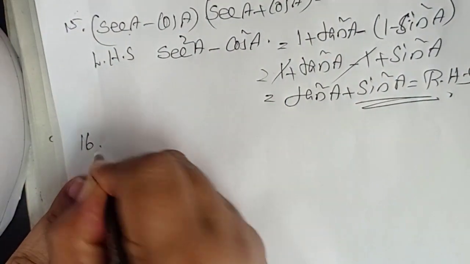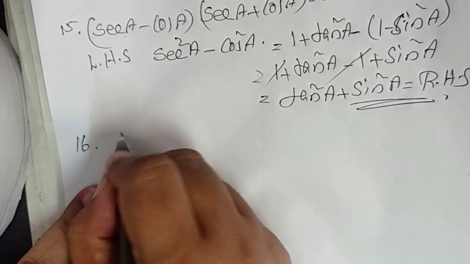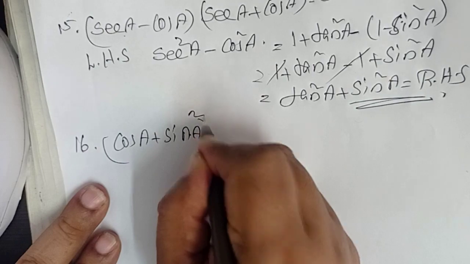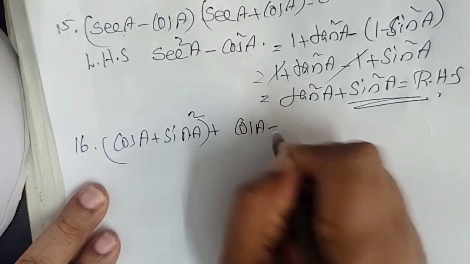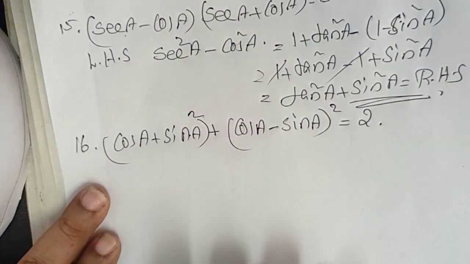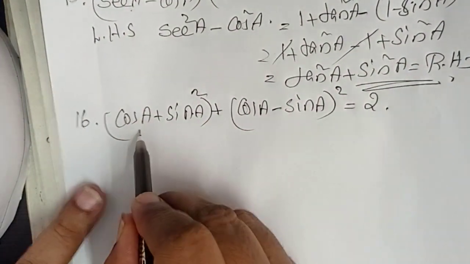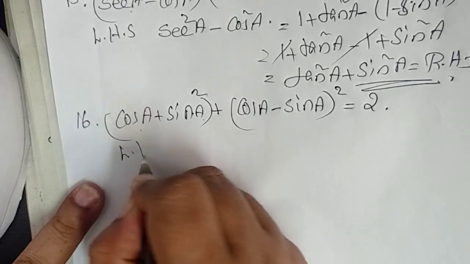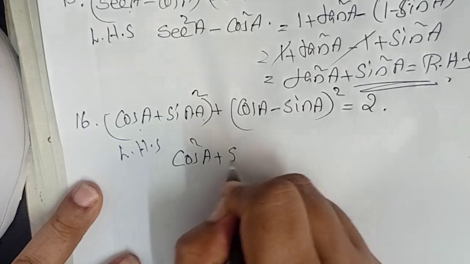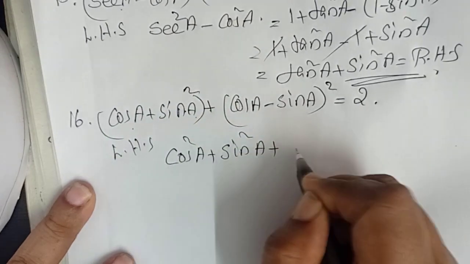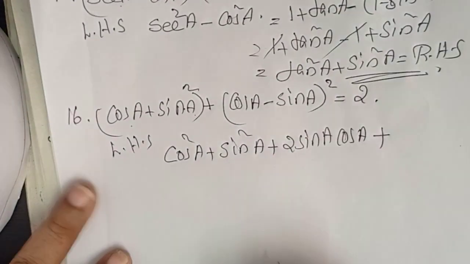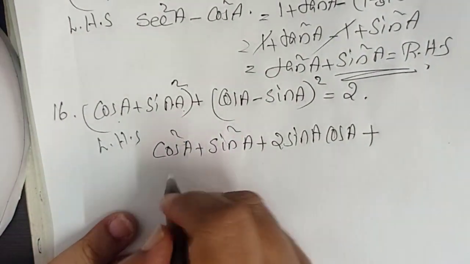Then 16th problem. Cos A plus sin A the whole square plus cos A minus sin A the whole square is equal to 2. Very simple problem. What is A plus B the whole square? LHS. A plus B the whole square is cos square A plus sin square A plus 2 sin A cos A. Plus second, A minus B the whole square.